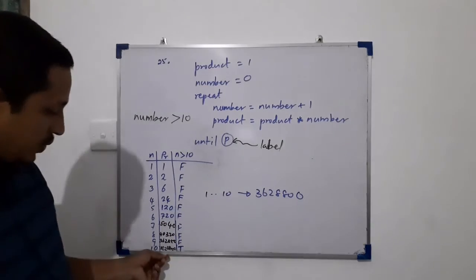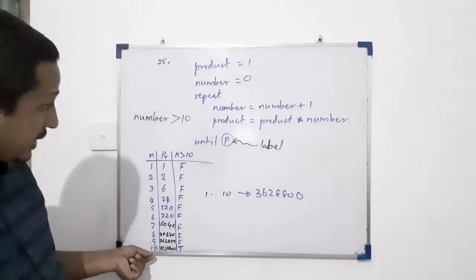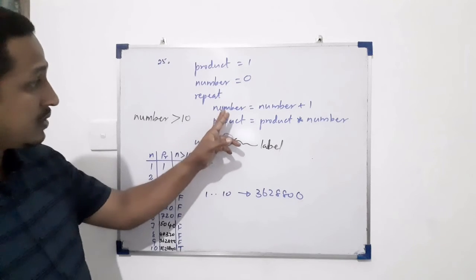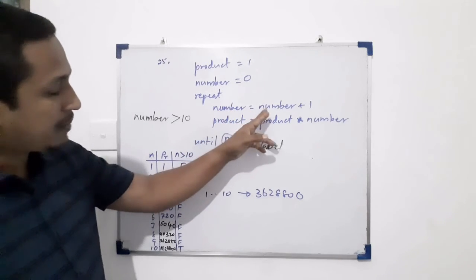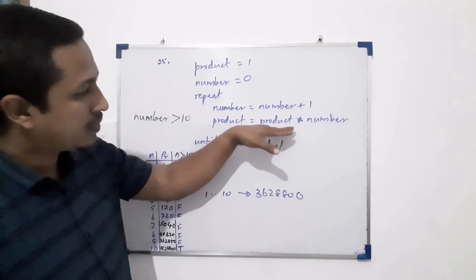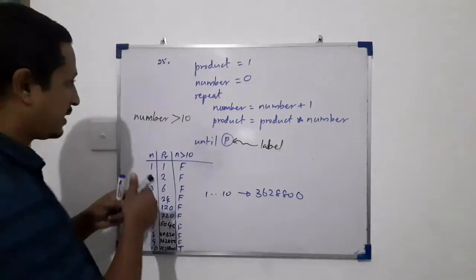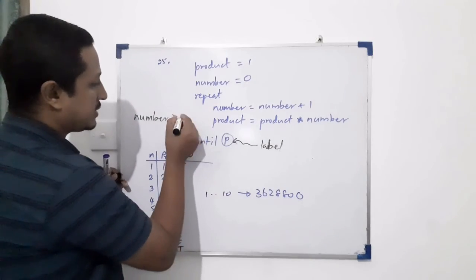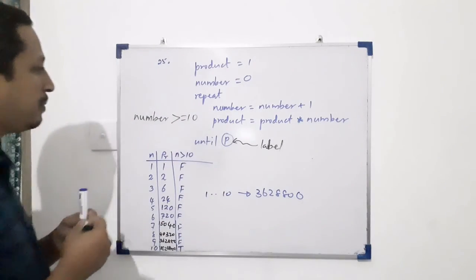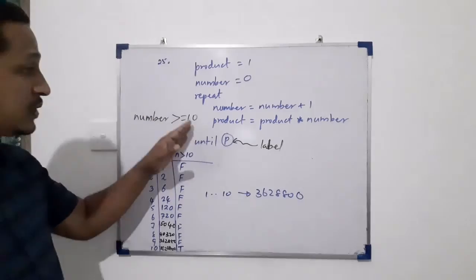you can find out the product of the first 10 counting numbers is 3,628,800. It comes when n equals 10, but here the number is increased by 1 before finding the product. Therefore, we have to take the answer number greater than or equal to 10.